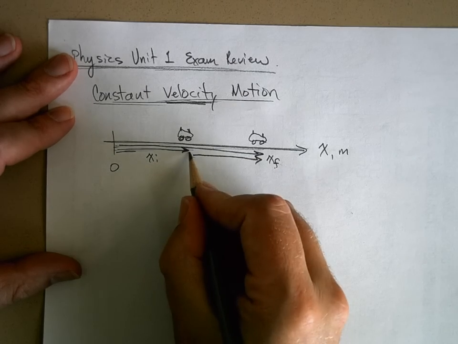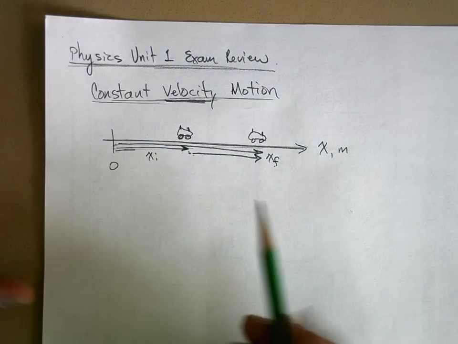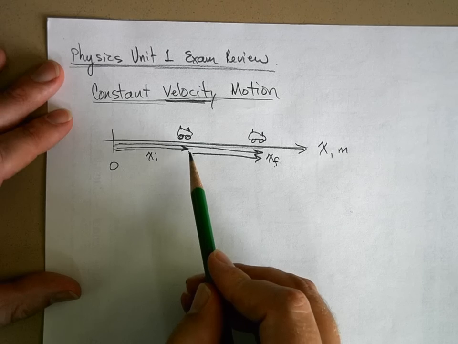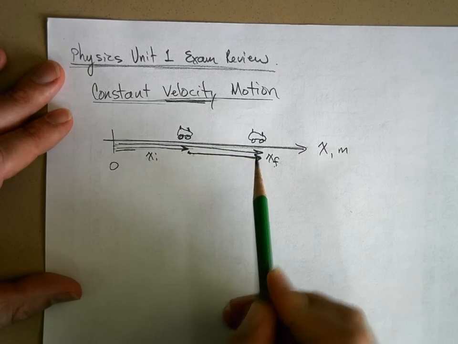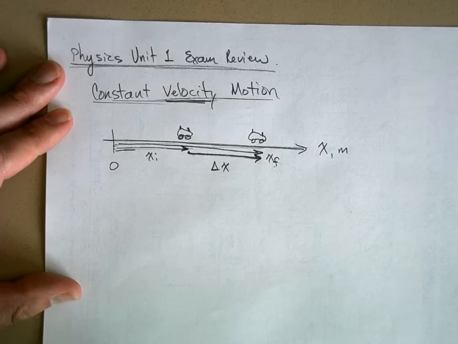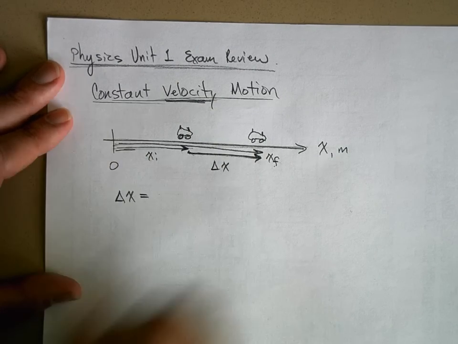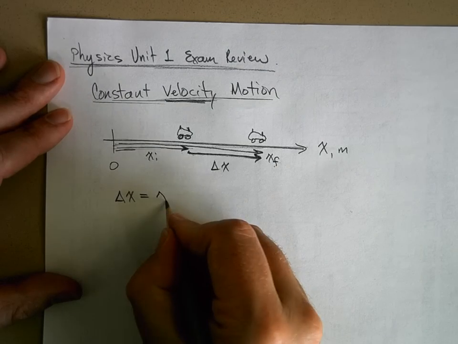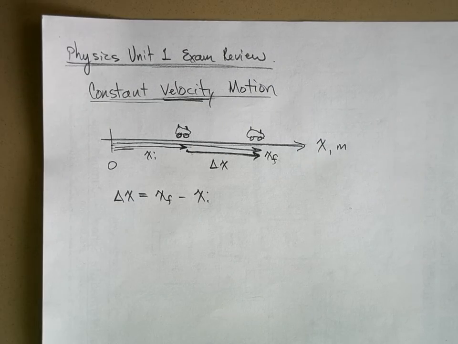And that is the difference between x final and x initial, or it's the vector that describes, okay, I started here, and I moved over here. So this was my delta x, my displacement vector. And we said delta x, by definition, was the final position minus the initial position.